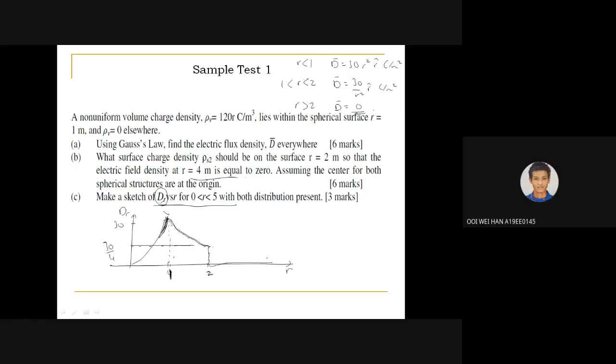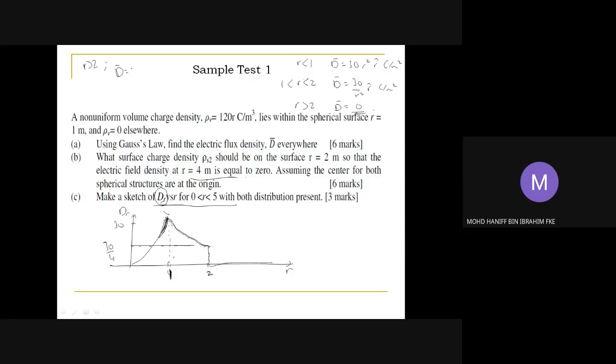Doctor, why, for R bigger than 2, is the flux density equal to 0? Okay, because if we base on the equation for part B just now, we have obtained that for R bigger than 2, your flux density D is given by, sorry, let me recall the equation just now.